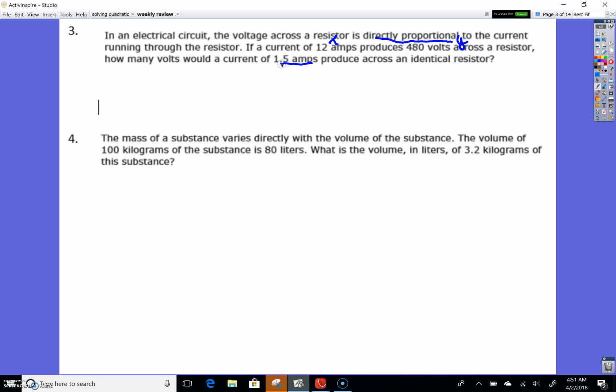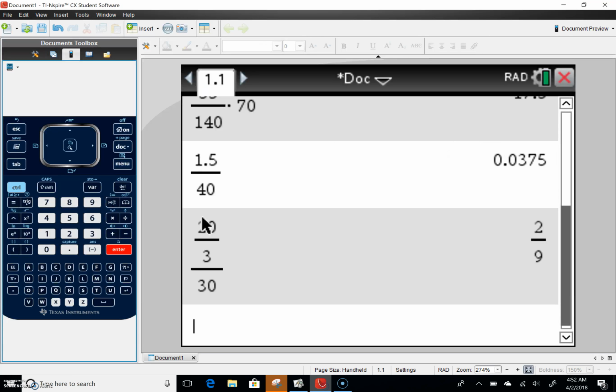So they give me x here, amps here, so that's x, and it says how many voltage, so that's going to be my y. y equals y1 over x1 times x. If you look at this, y is equal to 480 over 12, and since 1.5 is my amp, I put times 1.5. I'm going to put that in my calculator.